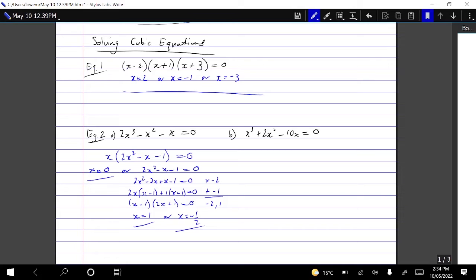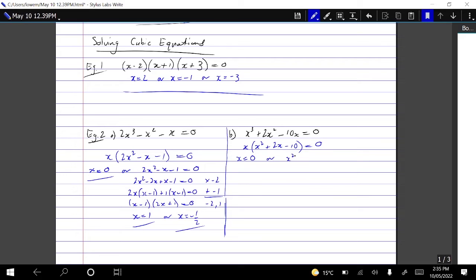So with this next one here, again we've got this common factor of x that we can take out. So x outside of x squared plus 2x minus 10 equaling 0, which means x equaling 0 is one of the solutions.